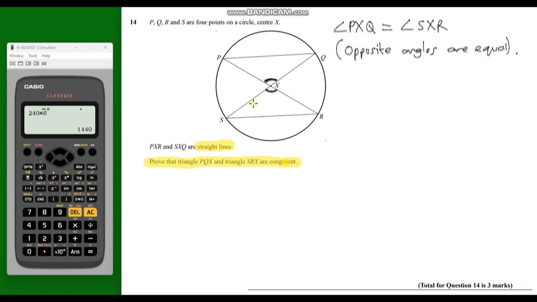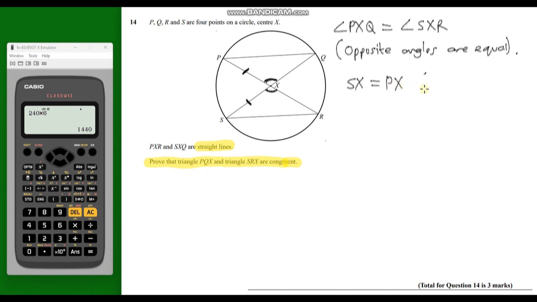Well, now I'm going to look at some side lengths, and I'm going to say that this side length here is equal to this side length. And the reason I know that is because they're both radii. So this is a radius of the circle, and this is a radius of the circle. So whatever direction they go in, they're always going to be the same length. So I can say that SX is equal to PX.